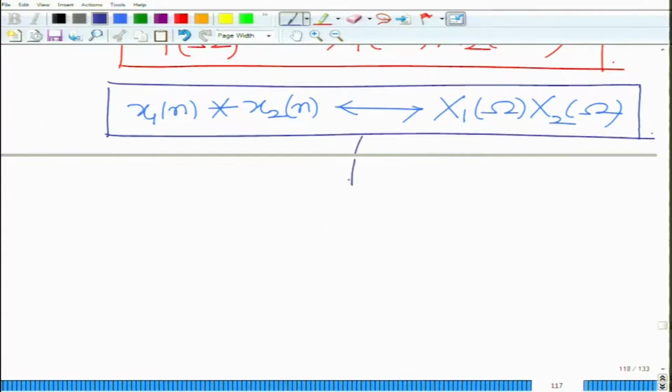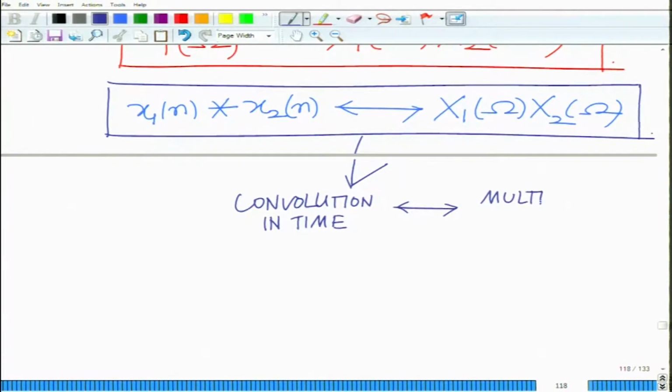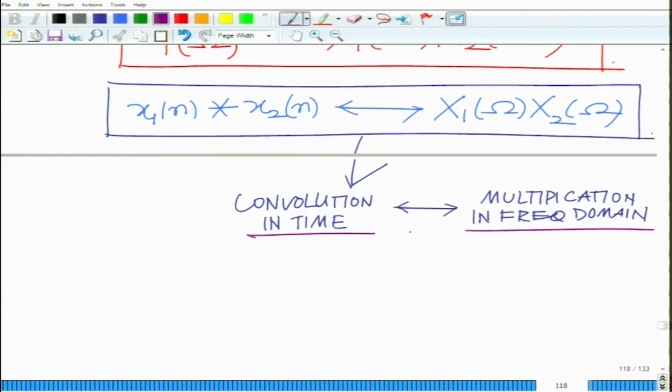So, basically I can summarize this as convolution in time is multiplication in the frequency domain.